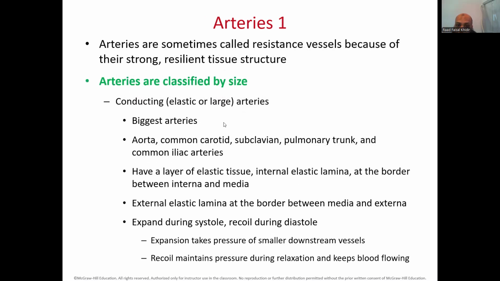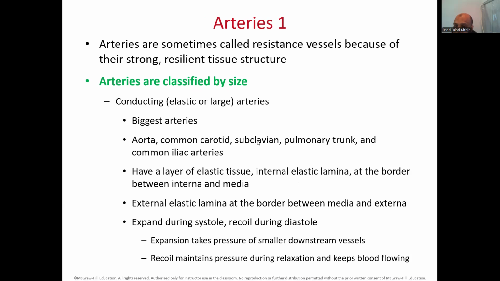So you've got to know which ones are your conducting arteries. That's the aorta, the common carotid, the subclavian, the pulmonary trunk, and the common iliac arteries. A question on the exam would be, which of the following is not a conducting artery?